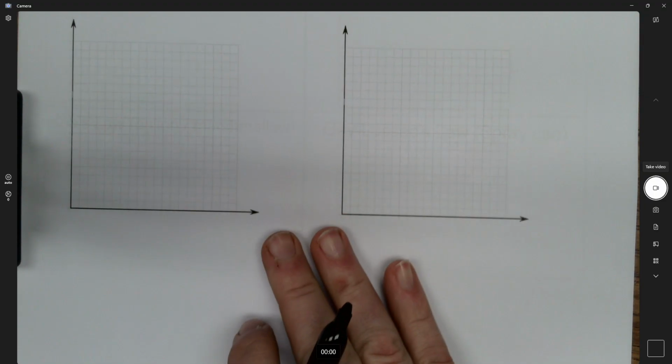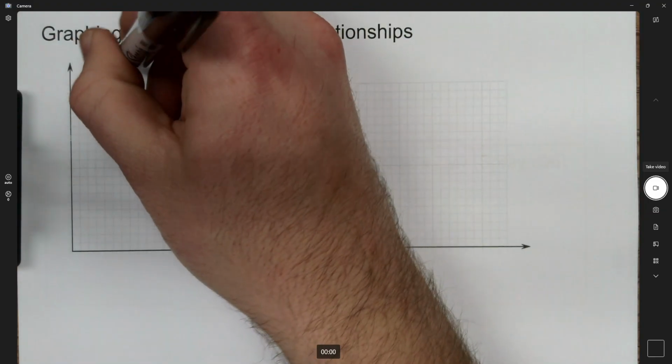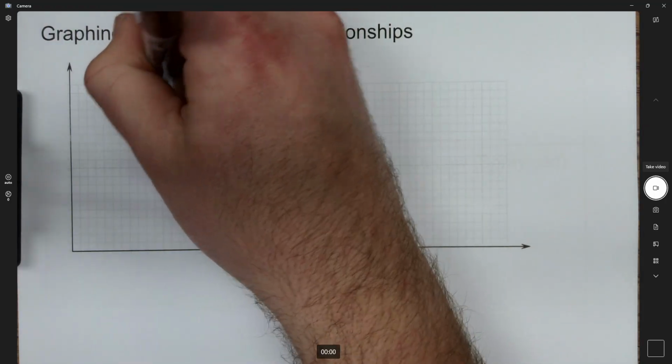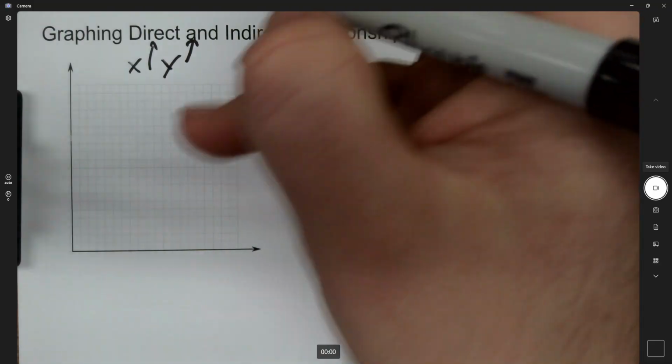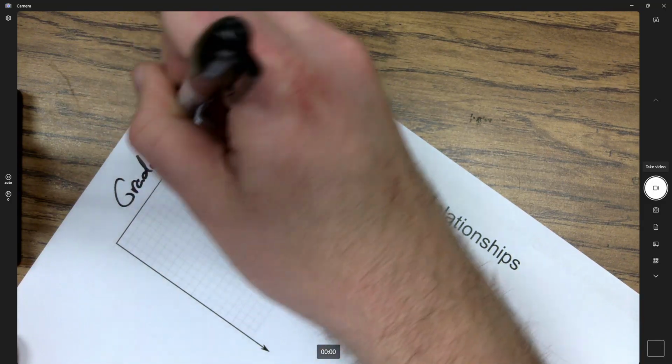Now, before, I had you guys draw out your direct and indirect relationships. A direct relationship is when, as your x-axis increases, so does your y-axis. A great example of this would be grades on a test.